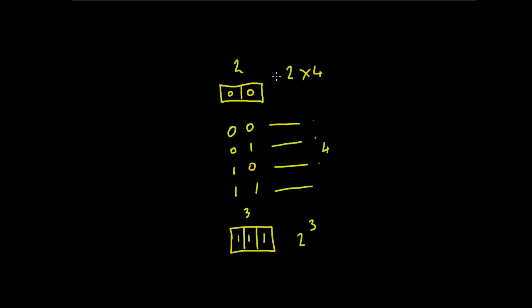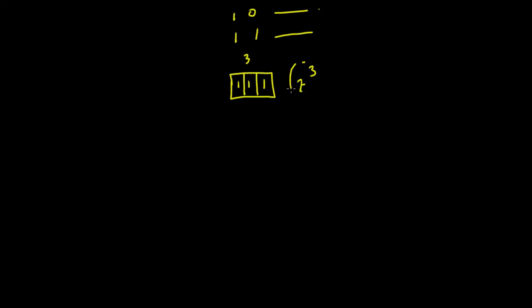I should put that up there because that's going to be 2 to the 2 for the previous one. So all our outputs are listed along here. There's 2 to the 3, which is 8 outputs.